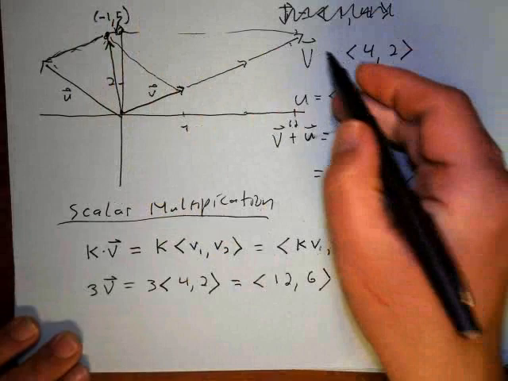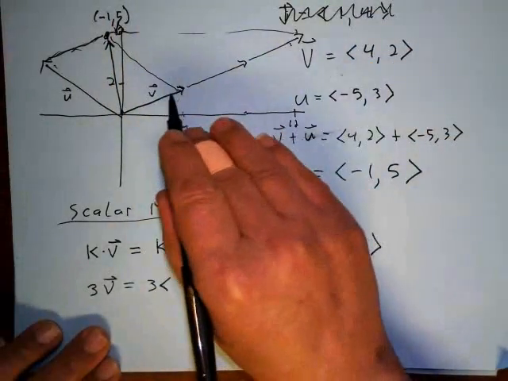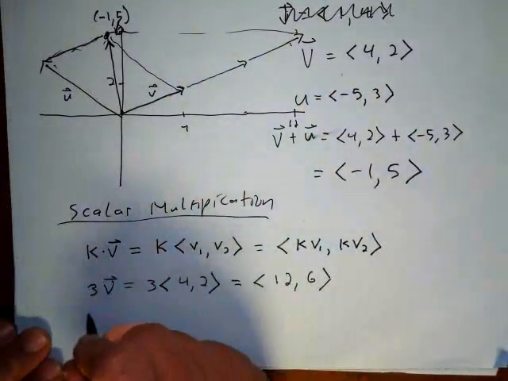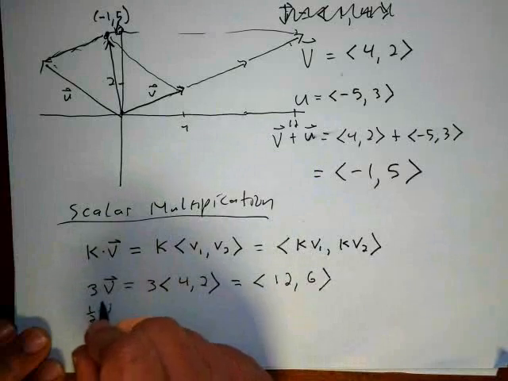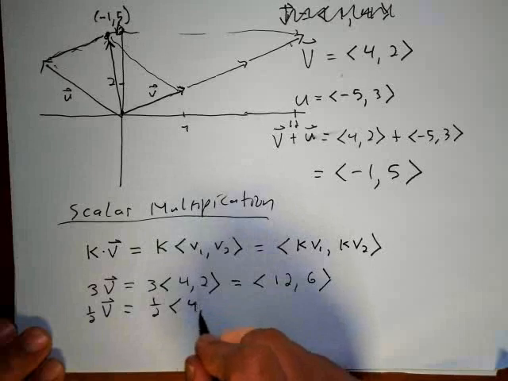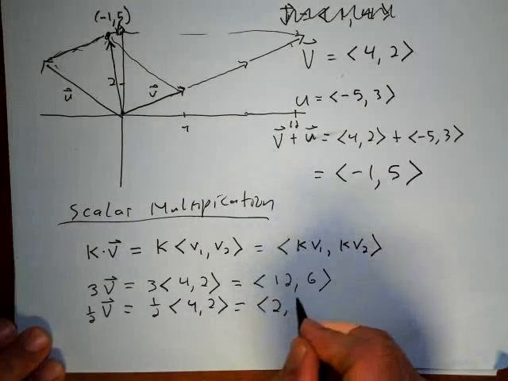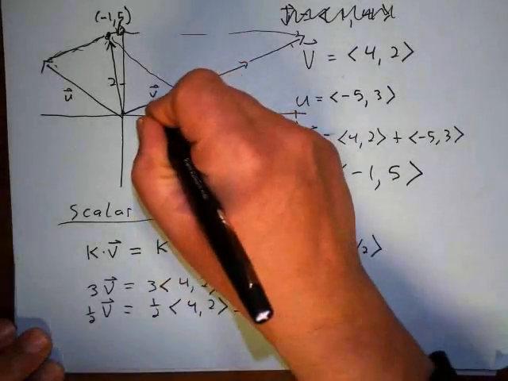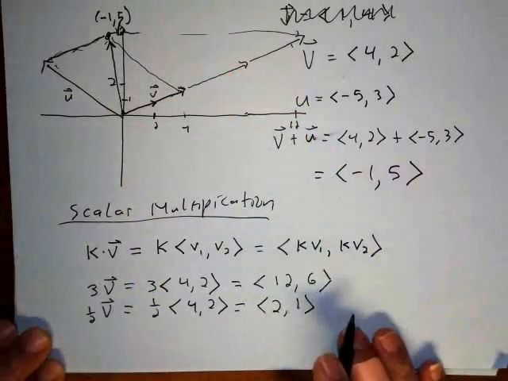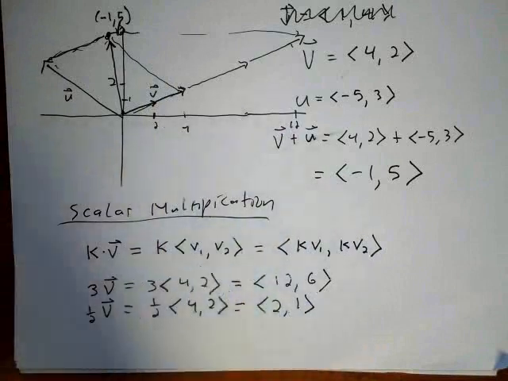And I probably didn't do that exactly accurate here, my drawing, but this scales this vector. It makes it 3 times as long. Similarly, if I did 1/2 v, this would be 1/2 times 4, 2, and that would be 2, 1. And that's half the size of the vector, right? This would be 2, that would be 1. So it's making the vector half as long. So it scales it down.